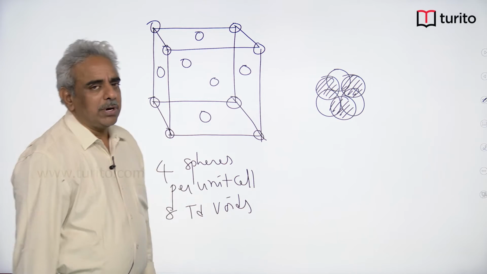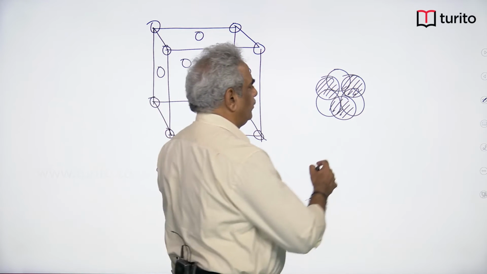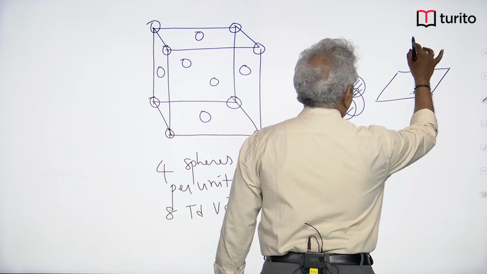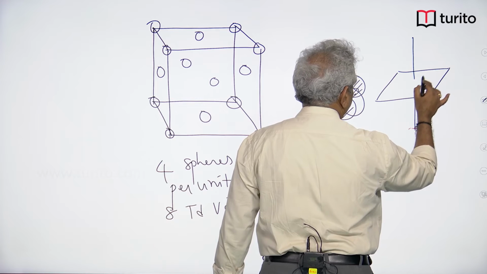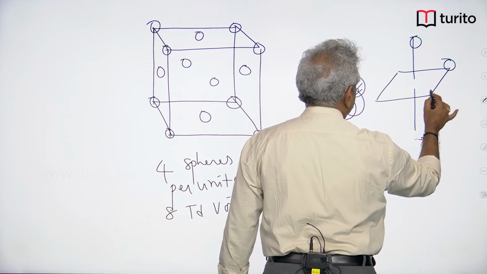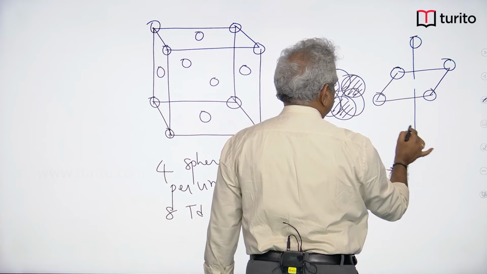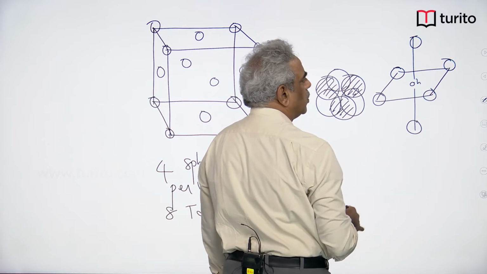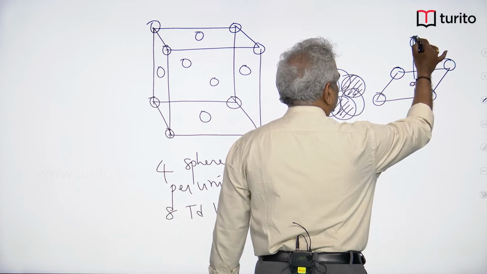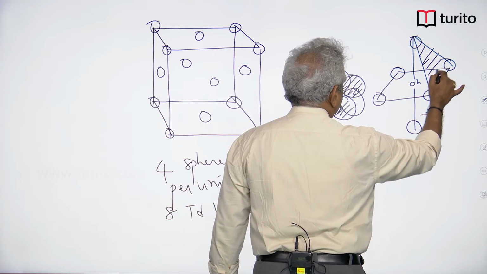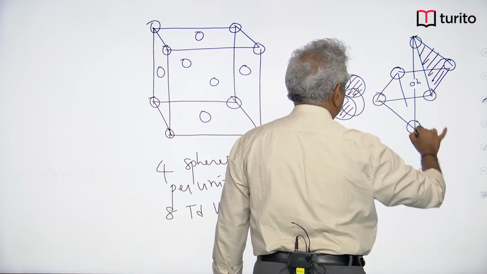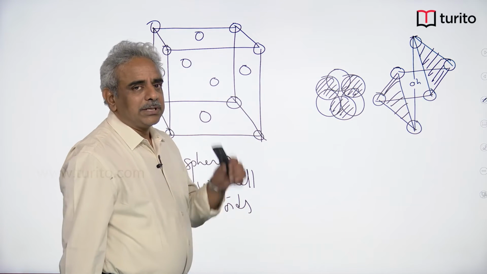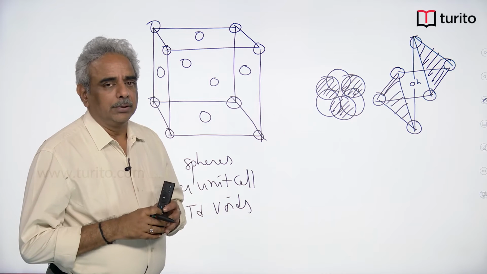Actually this can be visualized in another beautiful way. Like this, 3 spheres, 3 spheres. See, this is the octahedral void. How? These 3 make one triangle, these 3 make the opposite triangle. The place in the middle is the octahedral void.